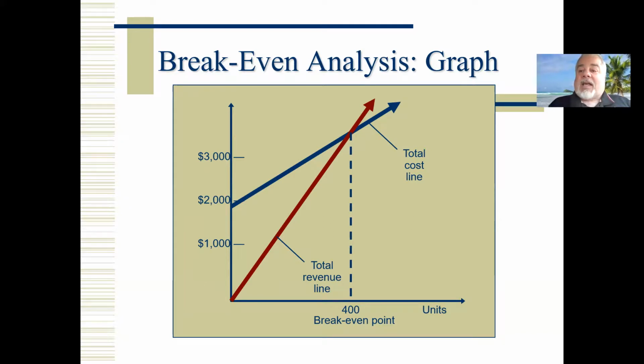You've got to be selling things for more than it costs you to make them. And as long as you do that, at some point, those lines will cross, assuming you keep selling them, assuming you keep having buyers for the product that you make. That's another issue. We don't get into that in this class.